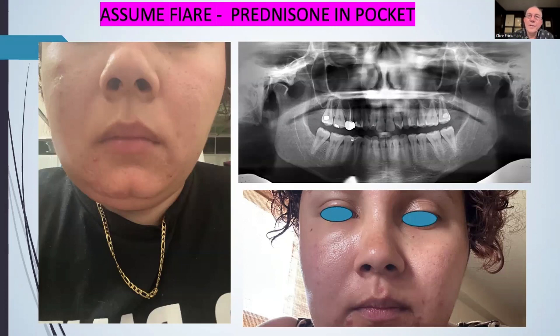So the way that Dr. Kaplan talks about it is, if you have a fire, you don't wait for the fire engine to come and put the fire out. If you have a hose pipe available, you're going to use the hose pipe. And so the recommendation now is to basically carry prednisone in your pocket and start it immediately, and then evaluate to see if you have an infection. If you have an infection, of course, you want to treat the infection, because infection is one of those issues that can trigger an FOP flare.